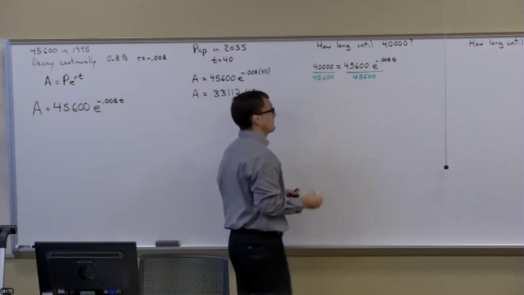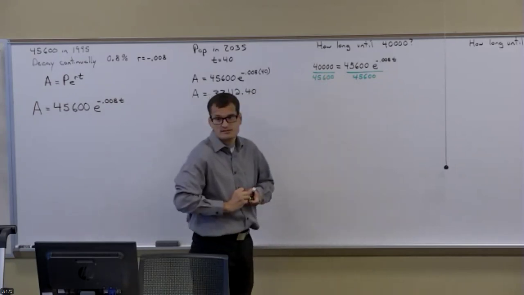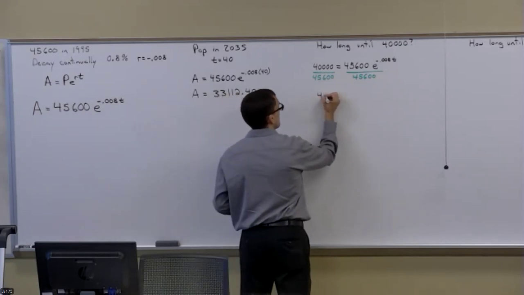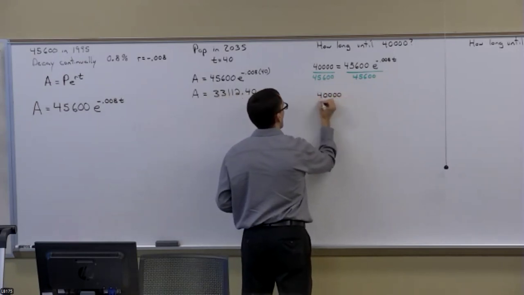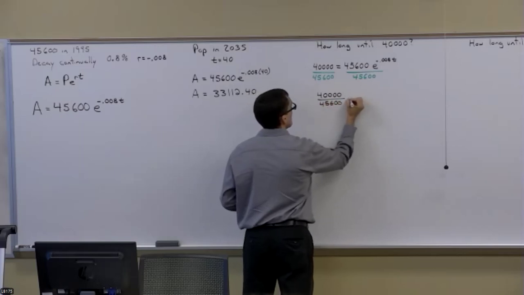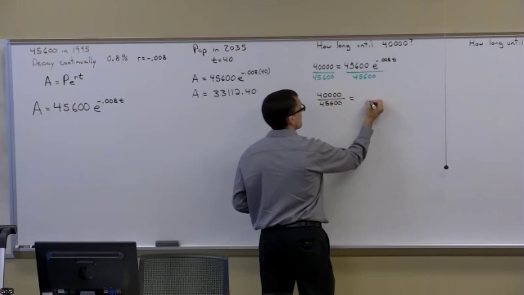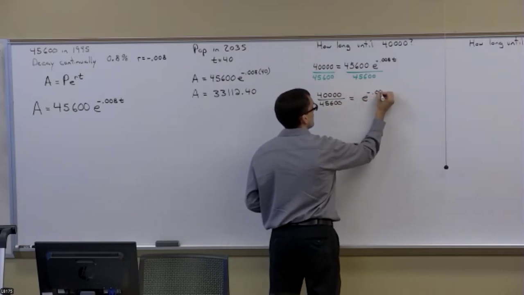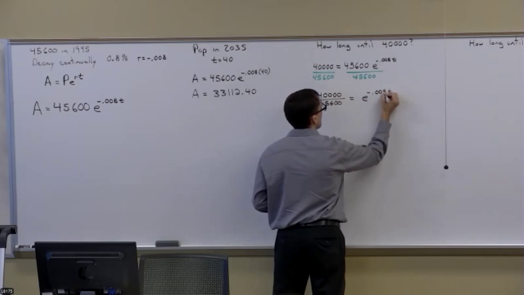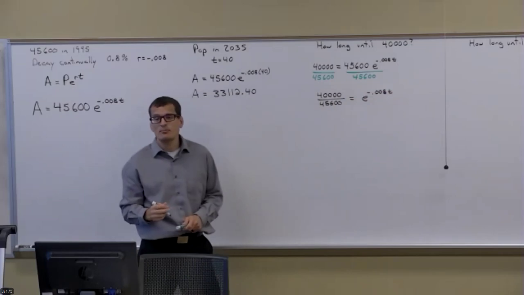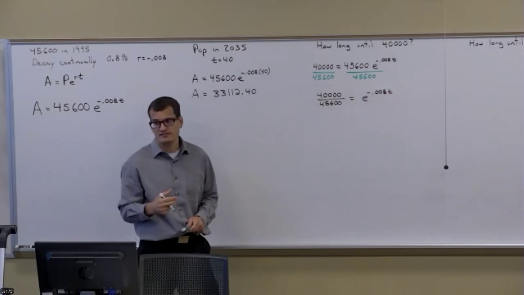That's not going to divide real nicely, but that's okay. Not a problem. Take 40,000 divided by 45,600. That's equal to e to the negative 0.008 t. And now apply natural log to both sides.